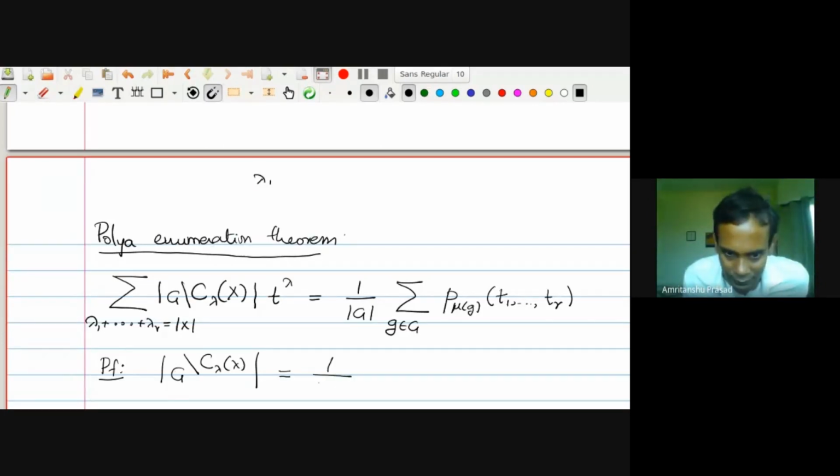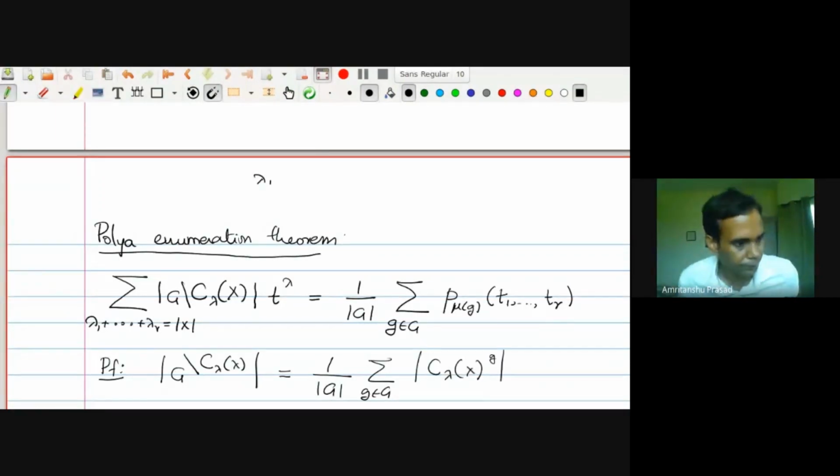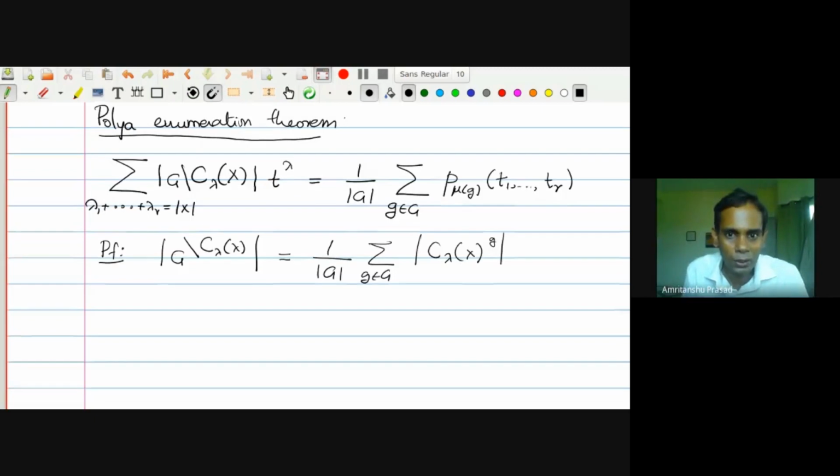That says it's the average over G of the number of fixed points, C lambda X fixed by g. Okay, so this is by Burnside's lemma. And now you add this over all the things.